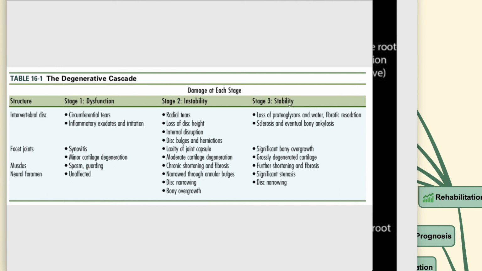And it generally would end with the stage of stabilization, in which there is already significant bony overgrowth, as evidenced in the radiograph as osteophytes.